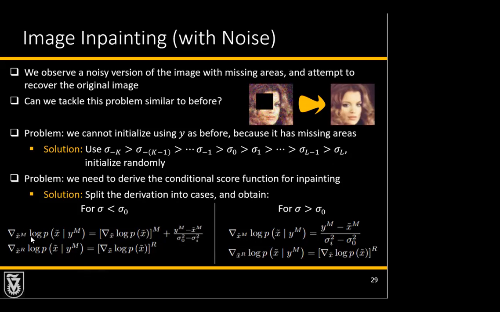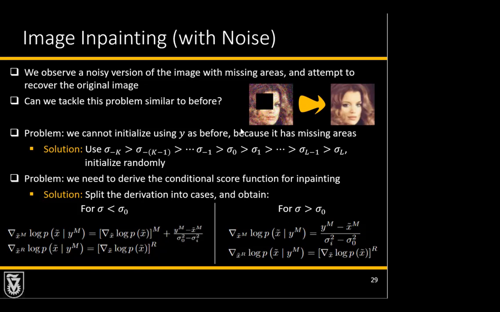If we look at the visible pixels, this score function is exactly equal to the score function in the denoising scheme. We have the original blurred score function that is approximated using a denoiser and the same analytical term that we have. And in the case of the missing pixels, we don't have any information to rely on, so we had to rely on only the prior information provided by the denoiser.